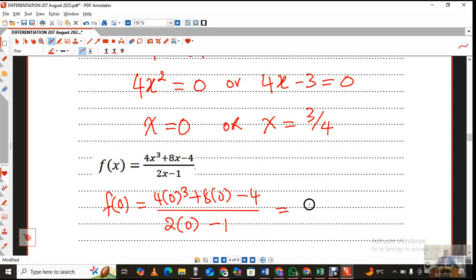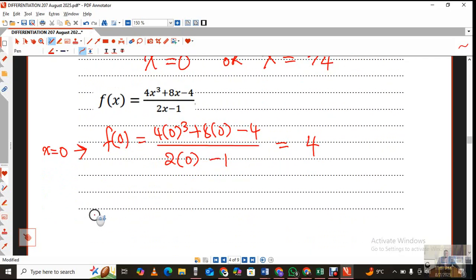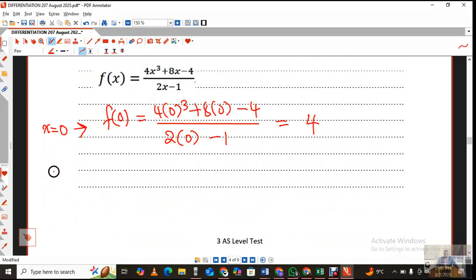When you do so, you're going to get 4 as an answer. This is when x is equal to 0. This is what you are going to get.